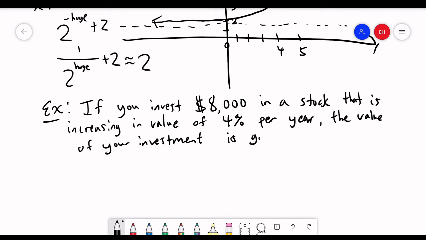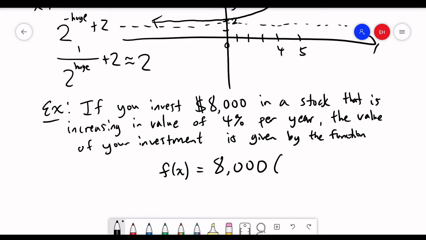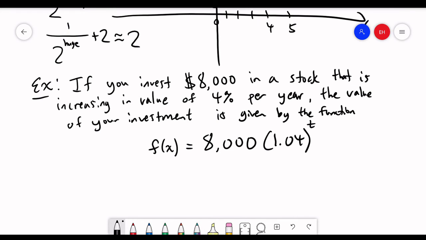So the value of the investment, we can write a model for it, or a function. The function's going to be f of x equals 8,000, which is the initial investment amount, and it grows by 4%, so I times it by 1.04 to make it grow by 4%, and it does this every year.